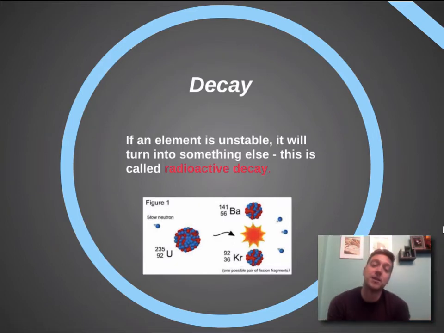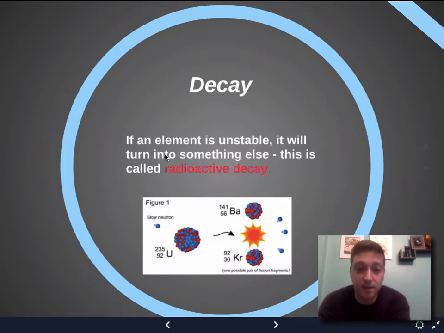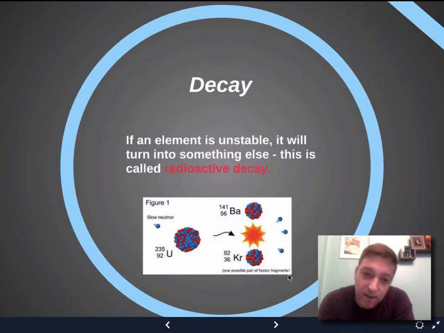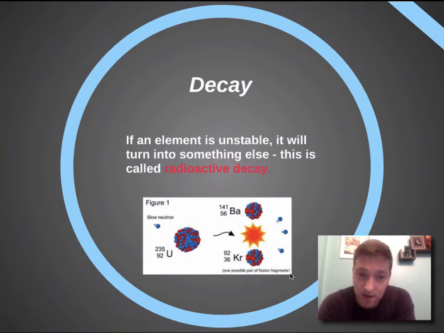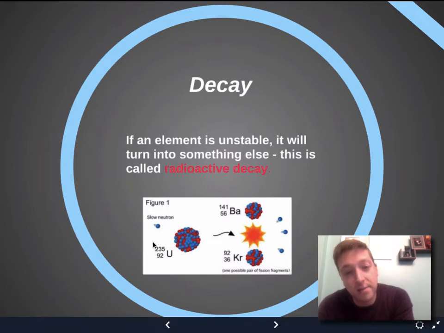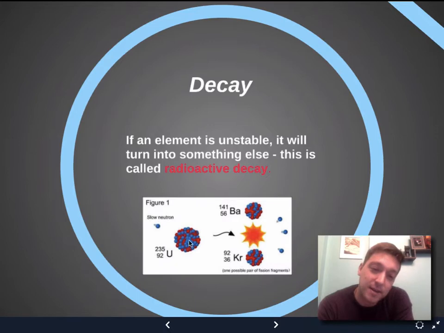And what can happen is, in the case of uranium, this is the reaction that nuclear bombs are based on and nuclear power is based on. So uranium is very unstable because it's so heavy. It has tons of protons and neutrons in its nucleus.